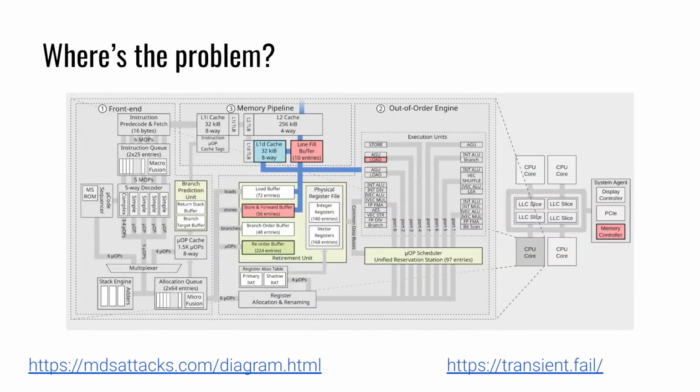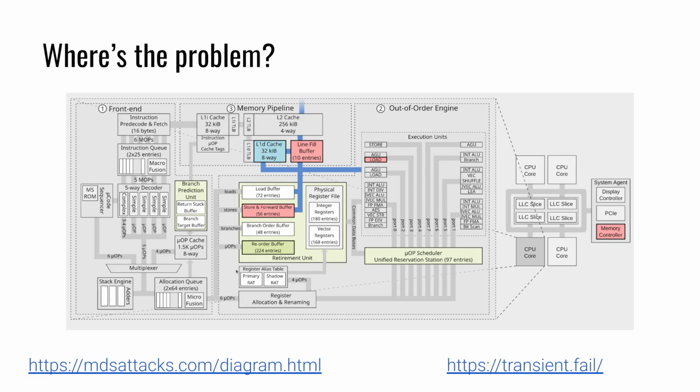As far as these microarchitecture vulnerabilities, broadly speaking, this is a diagram of what is in a modern CPU. Now, the picture itself here is not interactive, but if you go to this website here in the lower left, this is where the diagram was taken from. It is interactive. You can mouse your pointer over these different components.